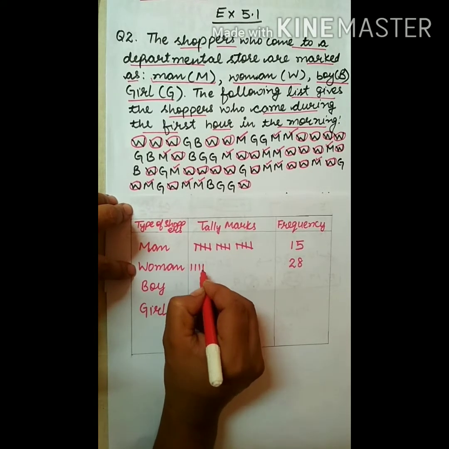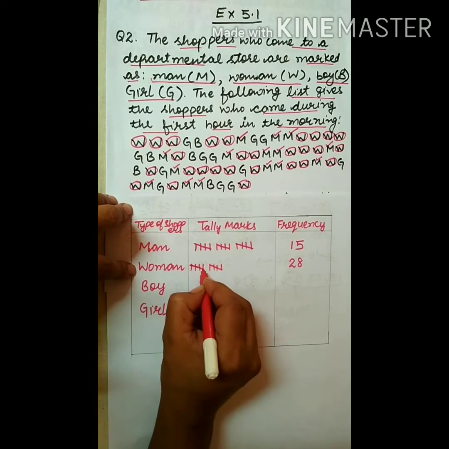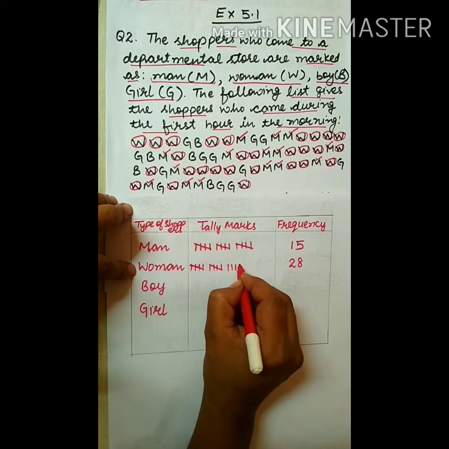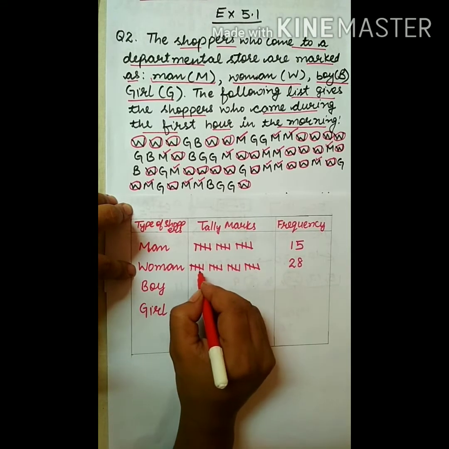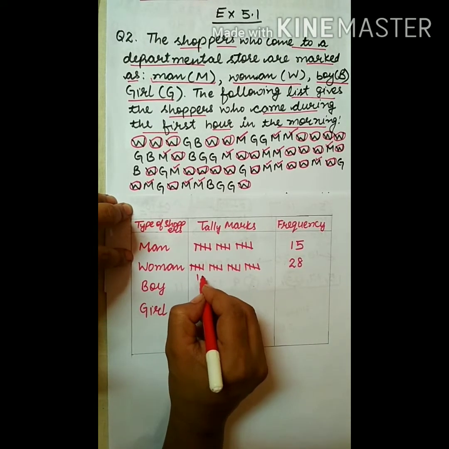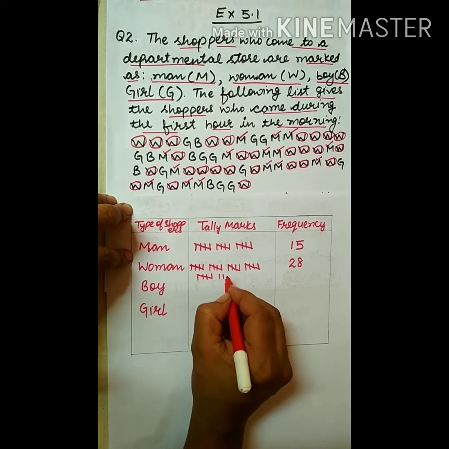So here I will represent this is 20, 25, 26, 27, 28.